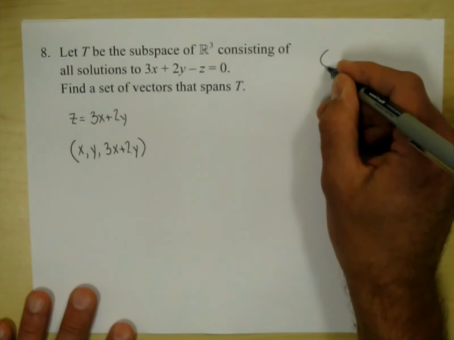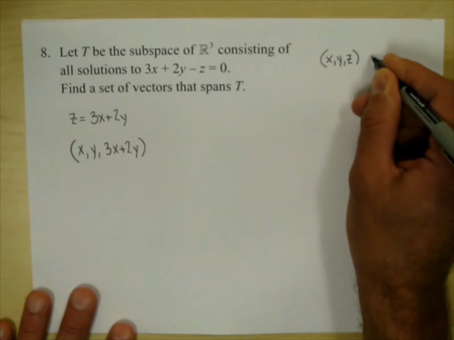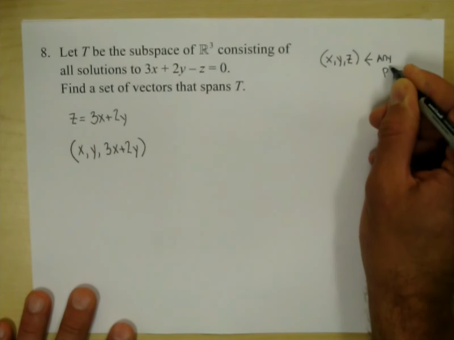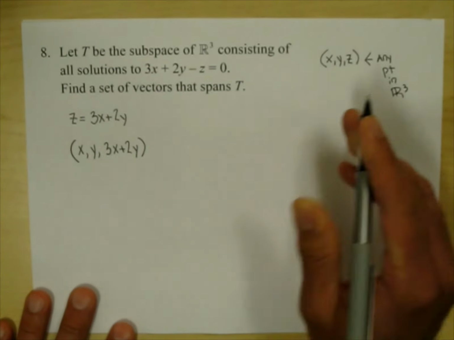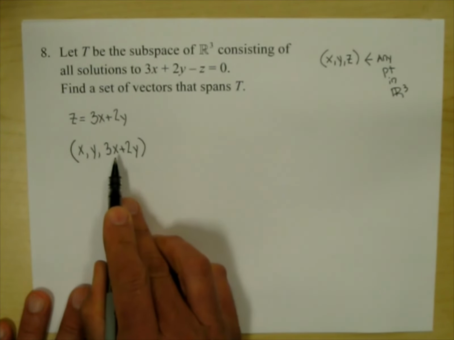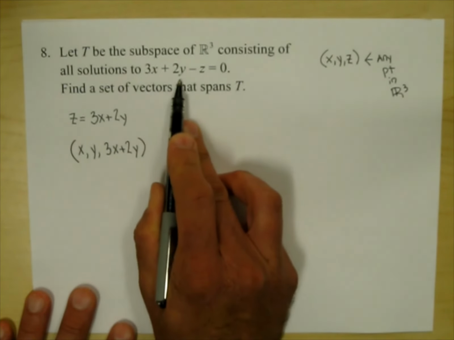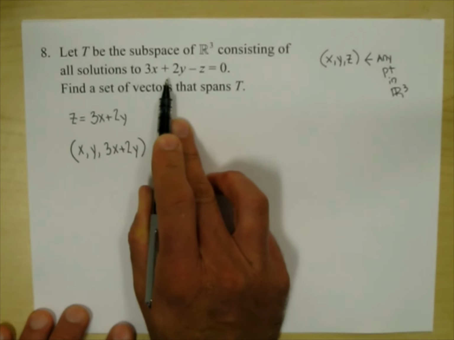Now if I went like this, x, y, z, this represents any point in R3. But this is x, y, and then this is restricted, 3x plus 2y, so this is not any point in R3, it happens to be any point that's on this plane, or any vector that lies along this plane.